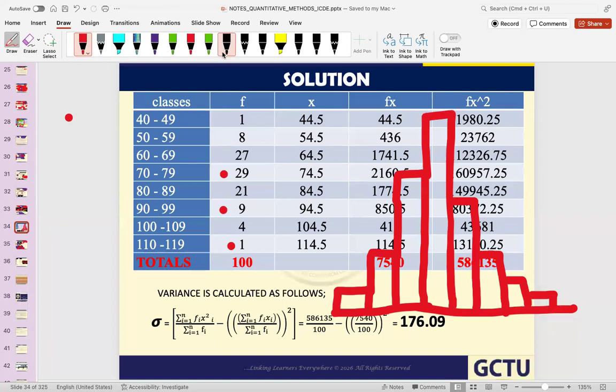So when you are asked to talk about the shape of the data you have, all you do is join one corner of the block to the other. When you were in secondary school, we used to call it frequency polygon. So you have a certain shape like this.